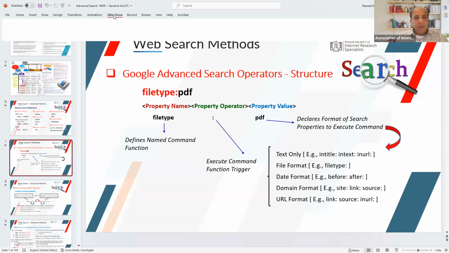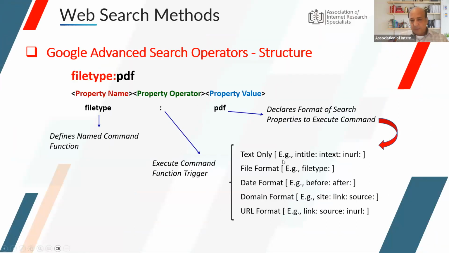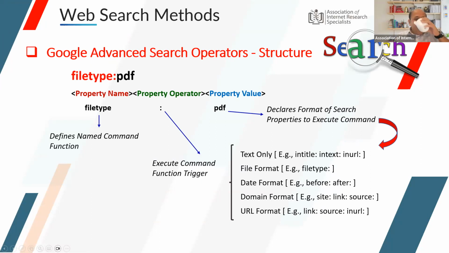Now, one more thing that is important in this slide, which is hiding in the bottom right-hand corner right here, is that in the selection of the advanced operator, or how the naming works for the advanced operator, you have to be aware. As I explained also, whatever gets declared on the right-hand side as a property value has to have a direct relationship to what the property name says.